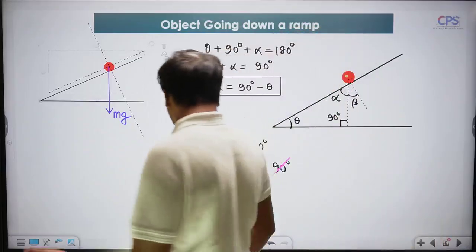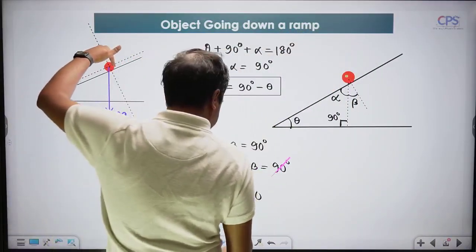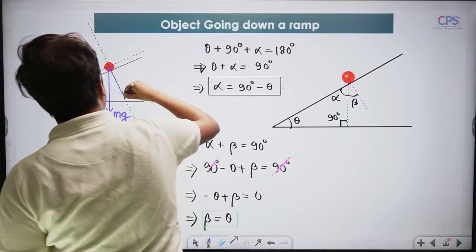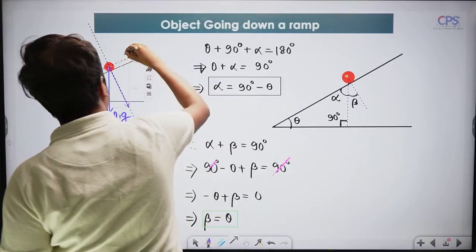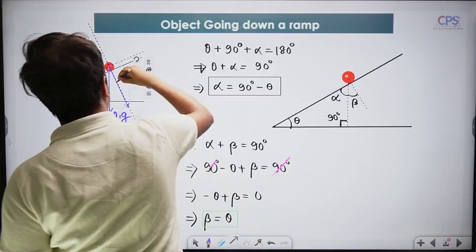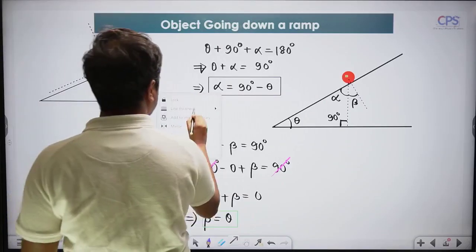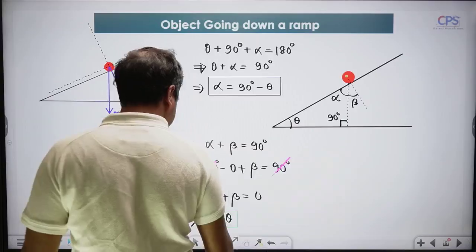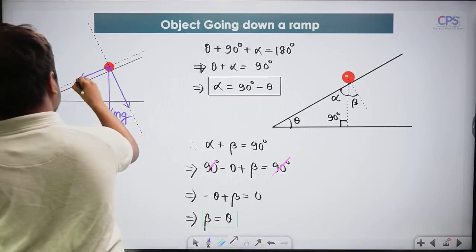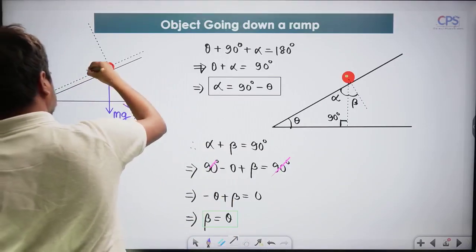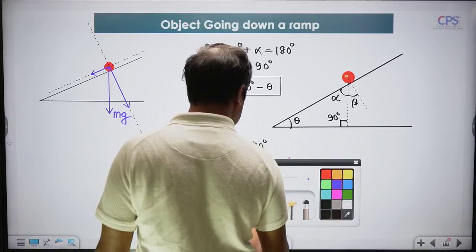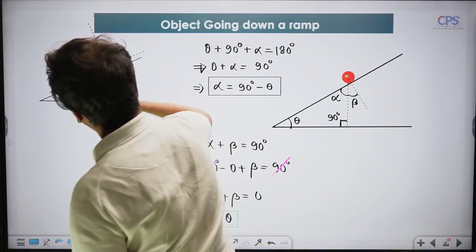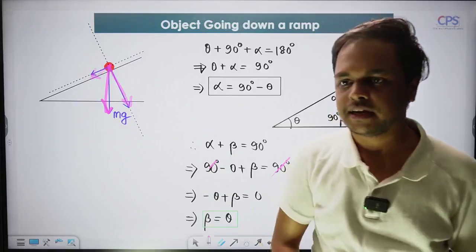Which one goes through this line? This one, right? So we will have a part of mg here and another part of mg there. These two have to add up to make this one, logically.